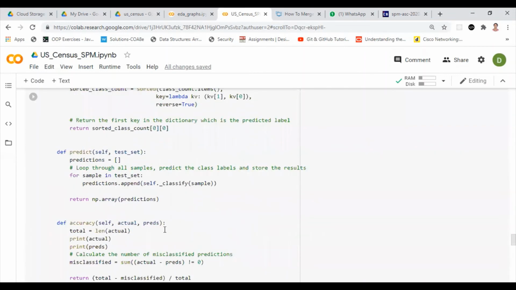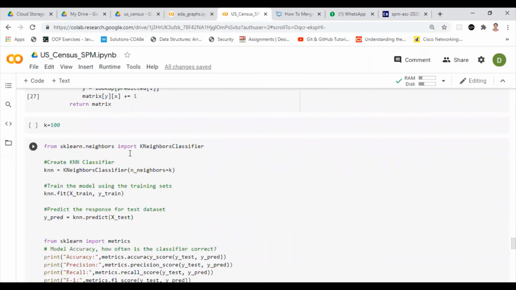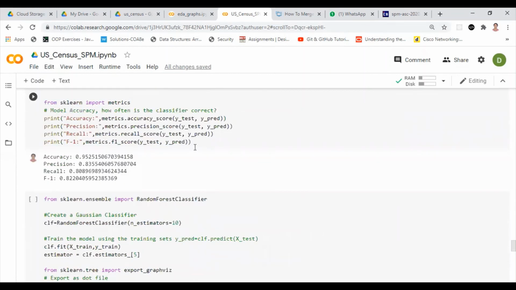And various machine learning algorithms were applied. First, Knn algorithm was applied. Here it can be seen that it provides an accuracy of 95%, precision of 83.5%, and a recall of 81%, which means that this algorithm gives good results on this dataset.